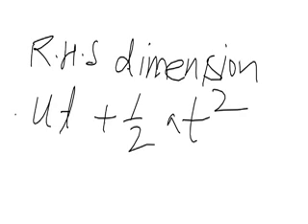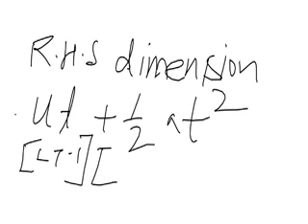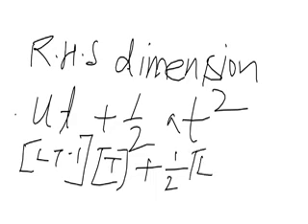For u we have dimension LT minus 1, and for t we have dimension T, plus half, here we have dimension LT minus 2, and here T square.